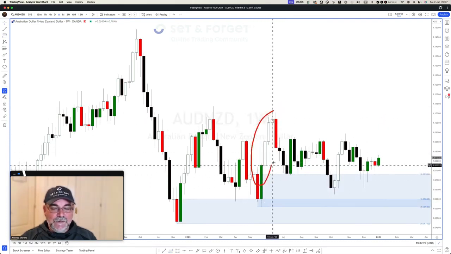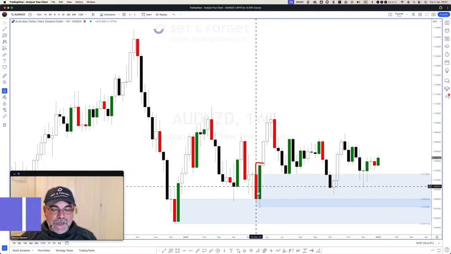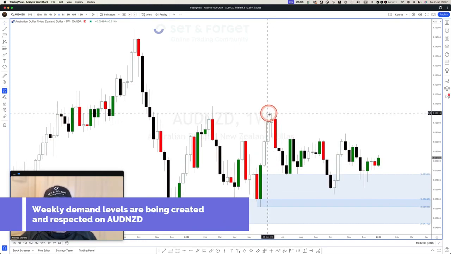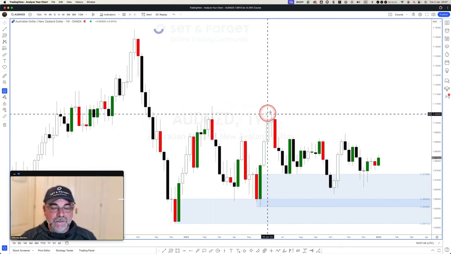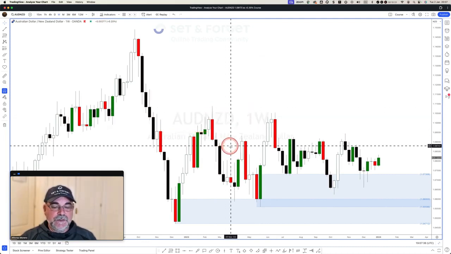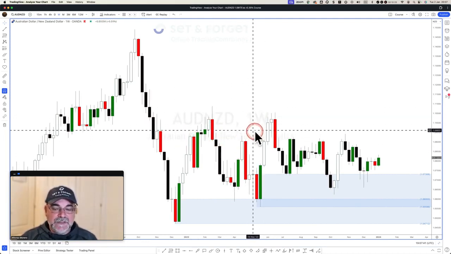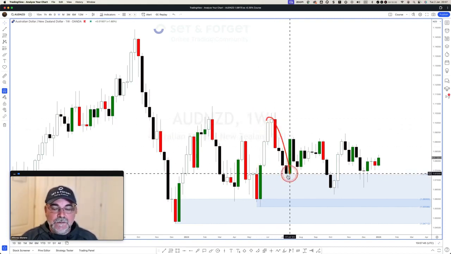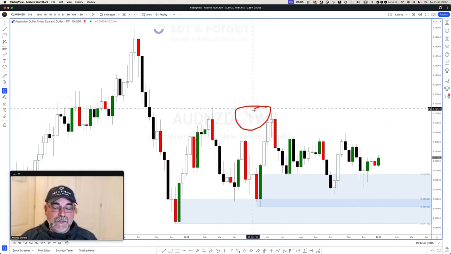Again, we have two, three very large candlestick bodies, and when that happens, regardless of the time frame, this is the one week time frame, Australian dollar versus the New Zealand dollar, we have to wait for the pullback.